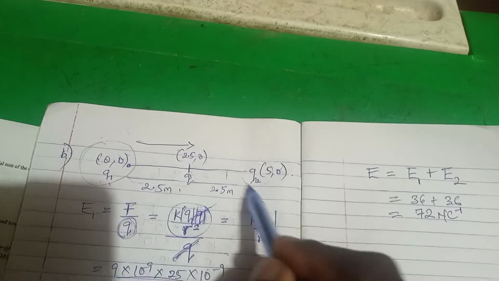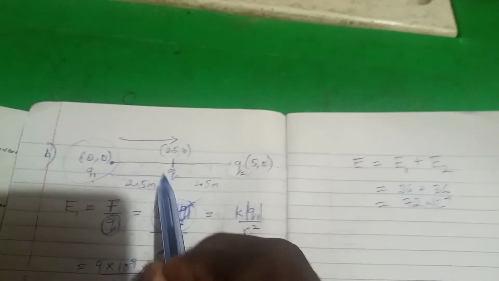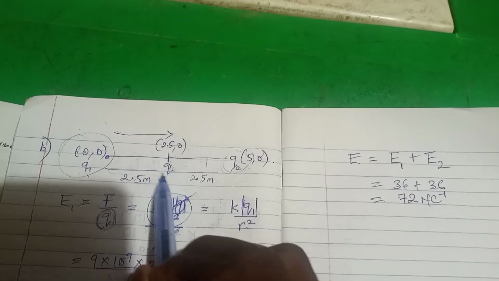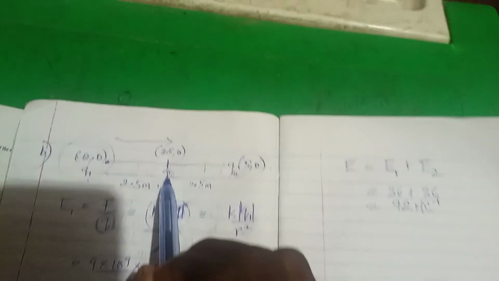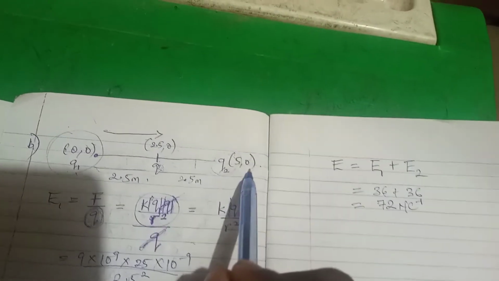Since this Q2 is negative, the electric field intensity will move towards it, because the electric field intensity is always considered with respect to a positive test charge. So it will move away from any other positive charge and move towards a negative charge.